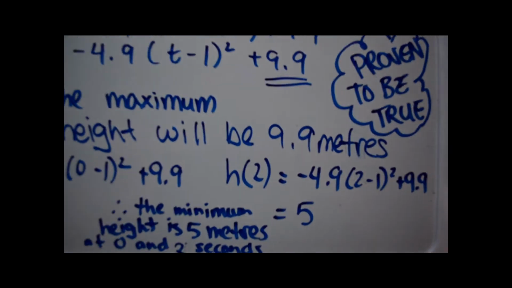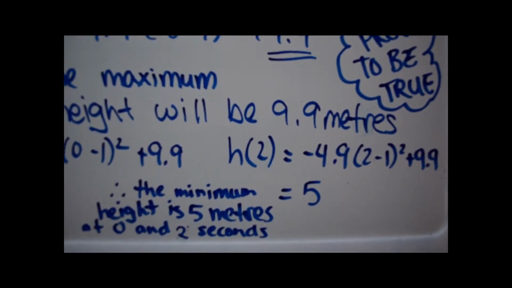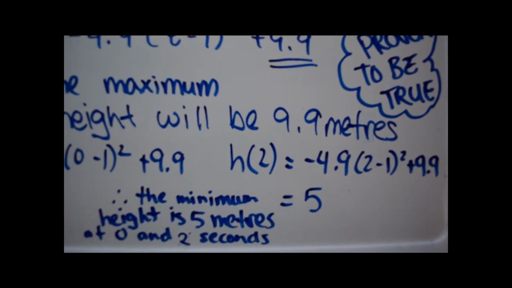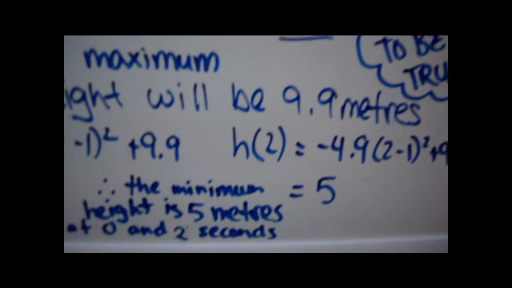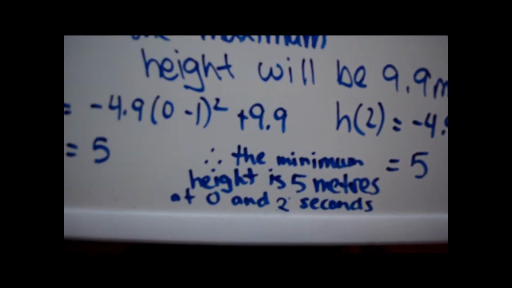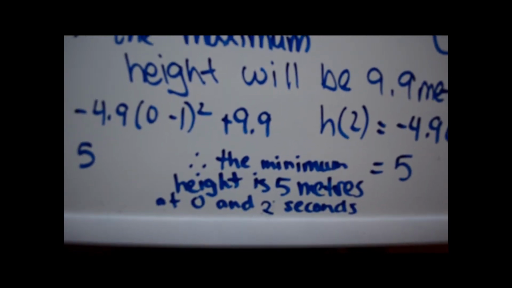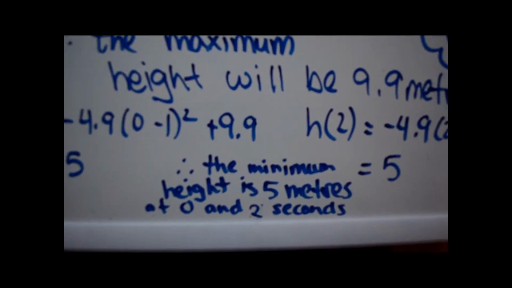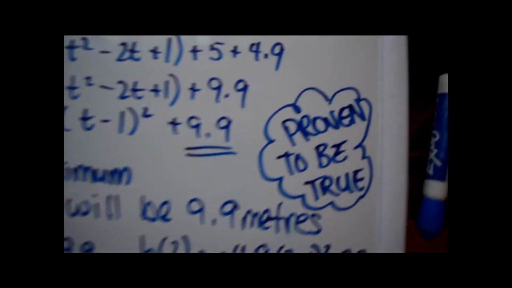And the h at 2 is negative 4.9 bracket 2 minus 1 bracket squared plus 9.9, which also equals 5. So therefore, the minimum height is 5 meters at 0 and 2 seconds. So this technique, other than using derivatives or graphing technologies, will give us the exact same answer as part A.